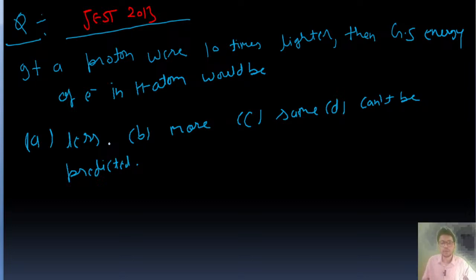So the question is, if a proton were 10 times lighter, then the ground state energy of the electron in the hydrogen atom would be. So then we need to find the ground state energy. Okay, so this would be less, more, same, or can't be predicted. So these are the options. I'll solve it now. It is a JEST question, right? 2013 it was asked.